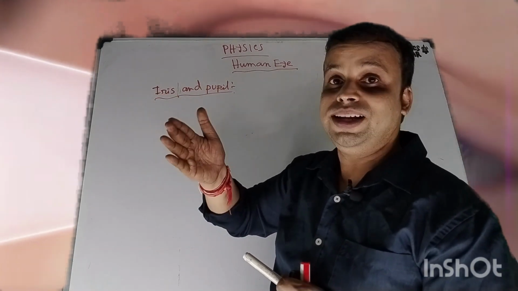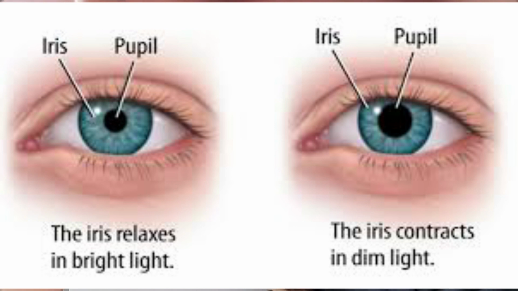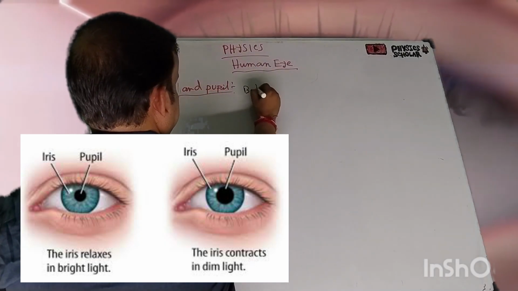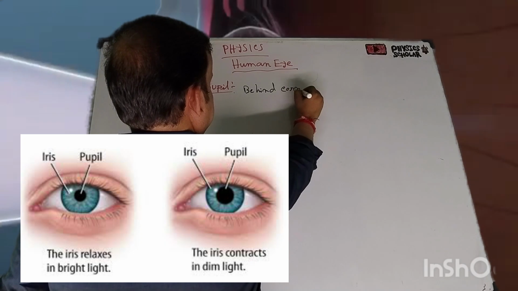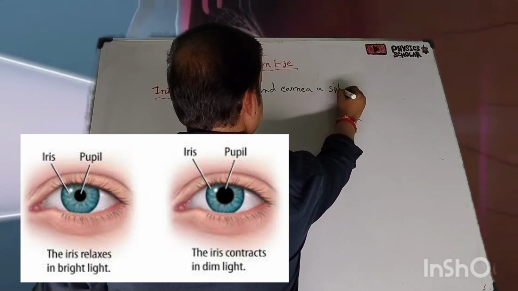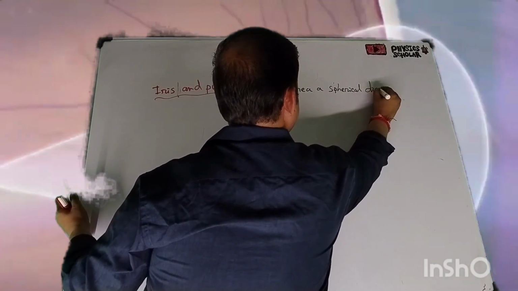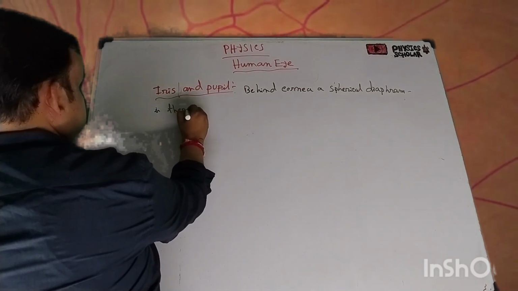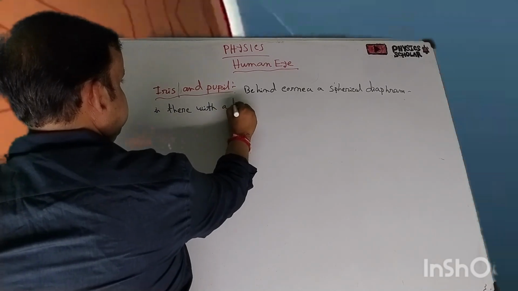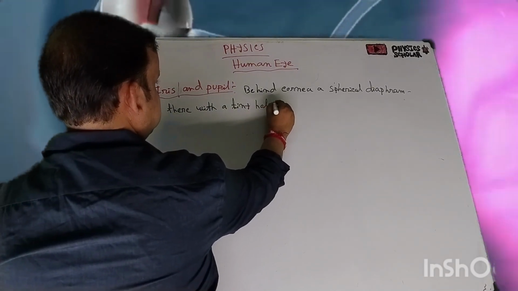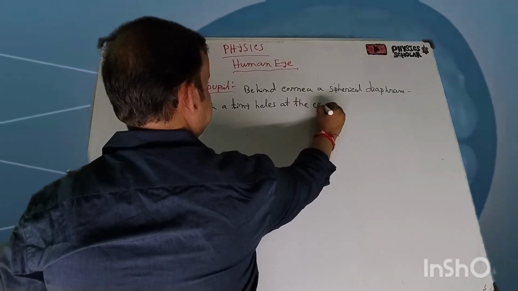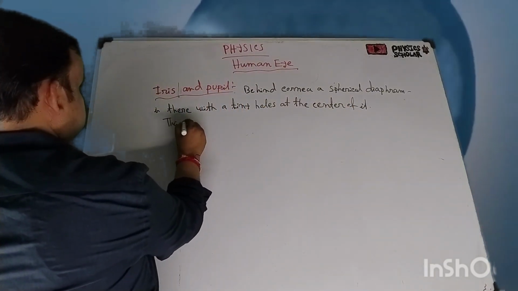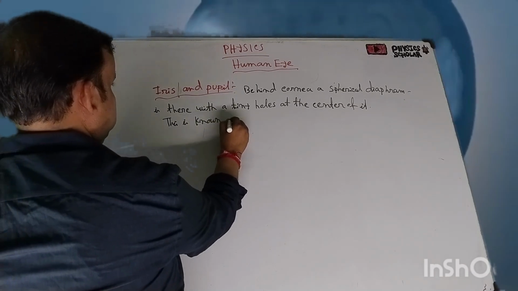Just behind the cornea, a spherical diaphragm is there with a tiny hole at the center of it. This is known as the iris.